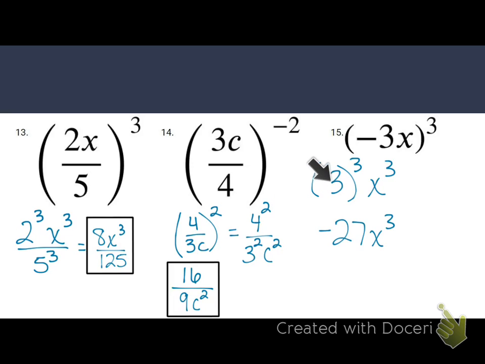Okay, so remember this is -3 times -3 times -3. Because the negative was inside the parentheses with the 3. Questions about -27x cubed? Are we sure? No questions, concerns, or confusion at this time? Okay.